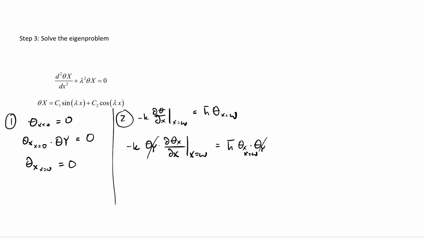So this can cancel out of this equation. Okay, and then our restated boundary condition is just minus k d, right now the normal differential operator, no longer partial, d theta x dx at x equals w is equal to h bar times theta x at x equals w.